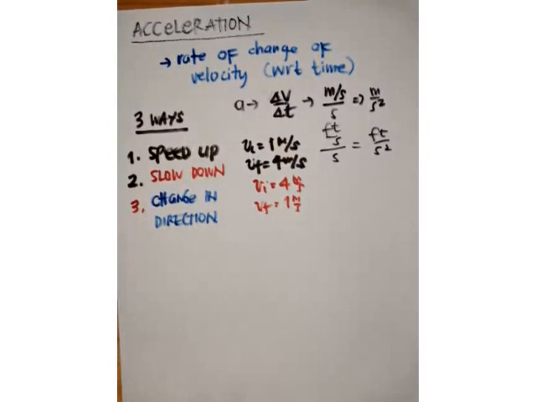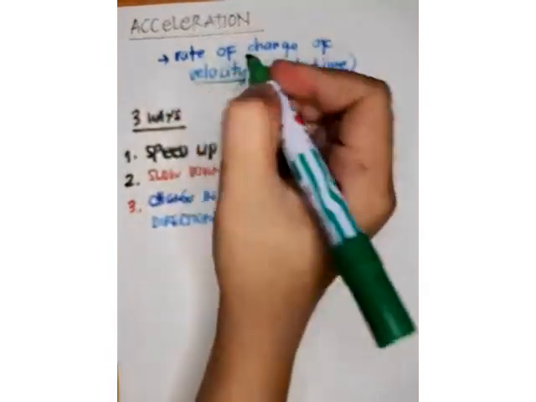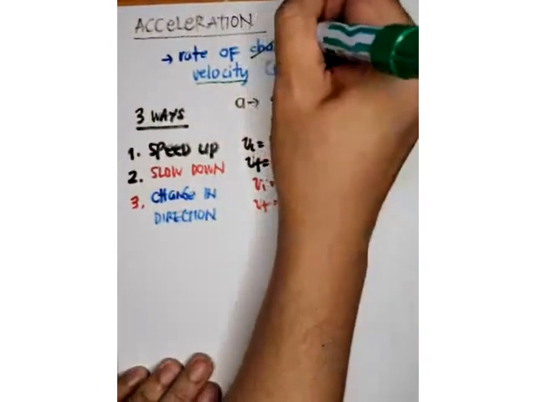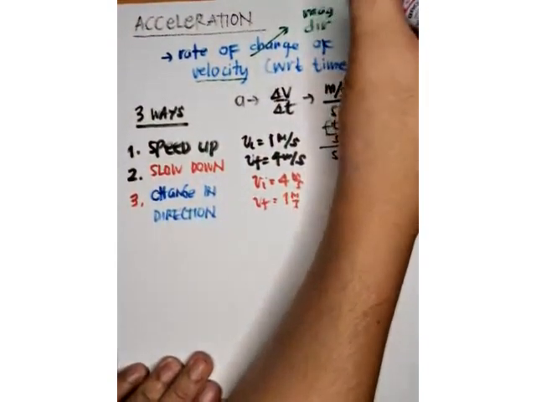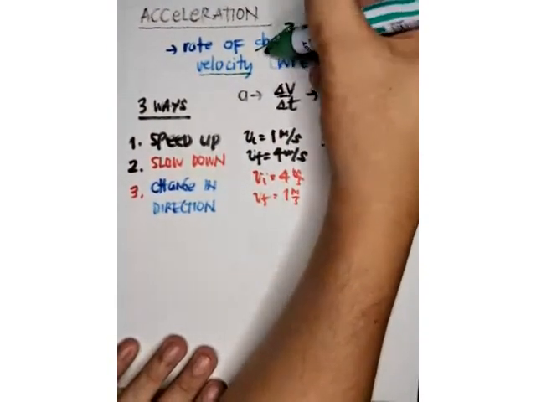Bakit nagkakaroon ng acceleration kung nagbago lang yung direction? Okay? Tandaan ninyo, ang velocity kasi ay vector siya, di ba? Pag vector siya, so ibig sabihin, meron siyang magnitude at saka direction. So, kung nagbago yung magnitude niya, ibig sabihin, nagbago yung kanyang velocity.